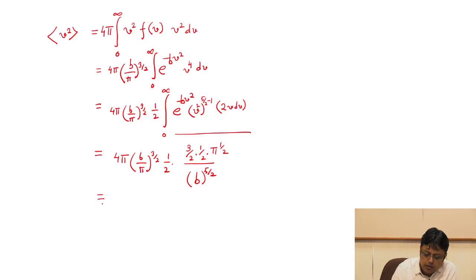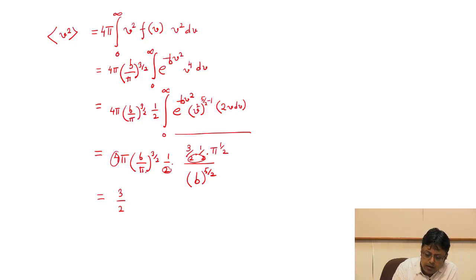So what we have here, let's just write everything together. I have 3 here, and 2 into 2, 4, and 8. So that 4 actually gets cancelled with this 4. So ultimately I'll have 3 by 2. And then just calculate the pi's.